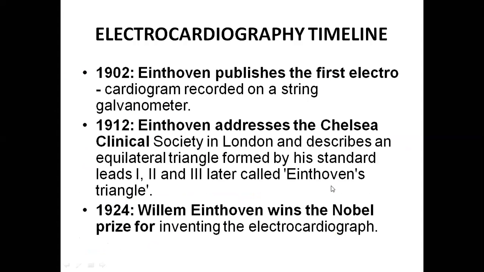In 1924, William Einthoven got the Nobel Prize, and by his name, whenever these PQRST assumptions are taken, it is called the Einthoven triangle. So he formed the Einthoven triangle. And what is this?